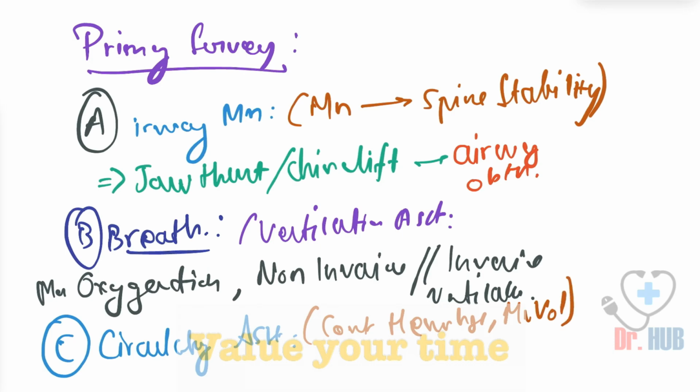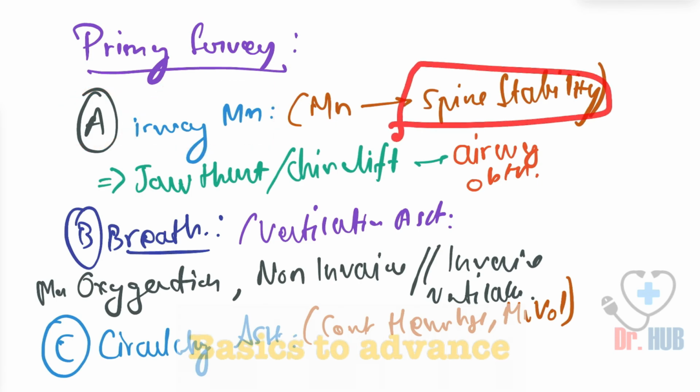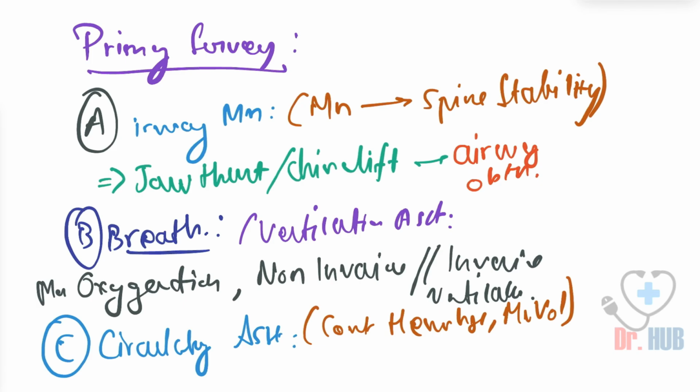Now we'll recap what we did. We saw the primary survey, and the mnemonic is ABCDE. A is for airway management. We maintain cervical spine stability. If airway obstruction is identified, the jaw thrust can be given in cervical injury patients, or the chin lift can be given. Then B is for breathing, where the ventilation assessment is done.